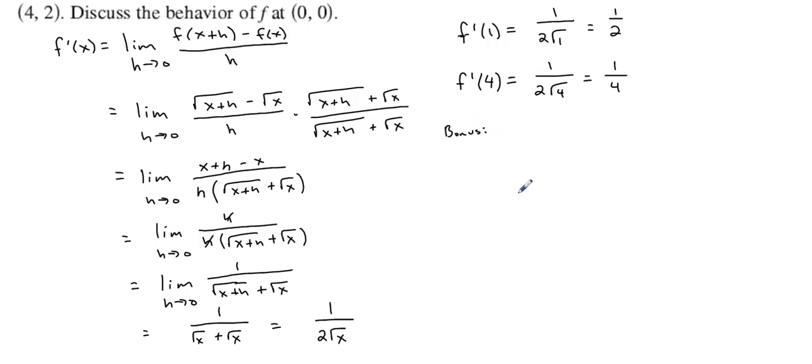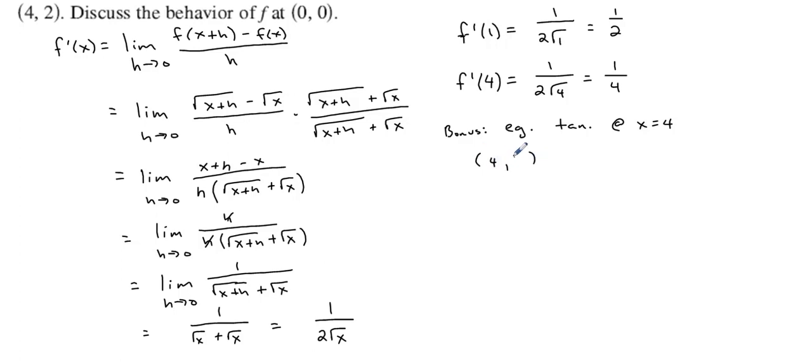Let's write the equation of a tangent line to the function f at x equals 4. Okay, remember, we need a point, we need a slope. What's our point at x equals 4?